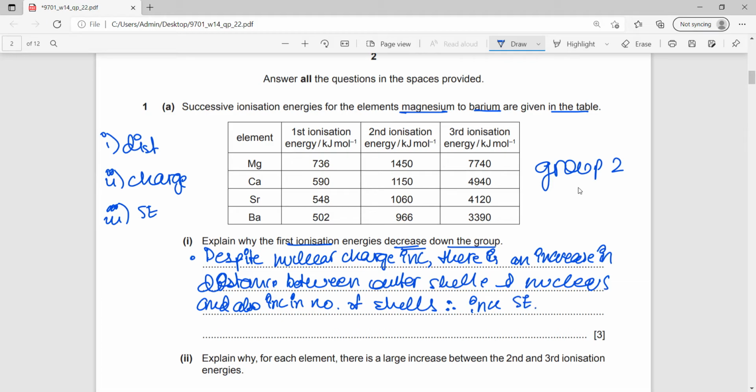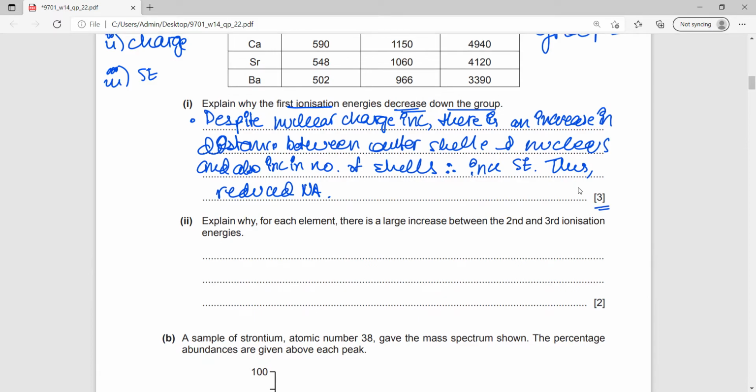So what does that do? Thus, reduced nuclear attraction. Okay, so that is an easy 3 marks, right?